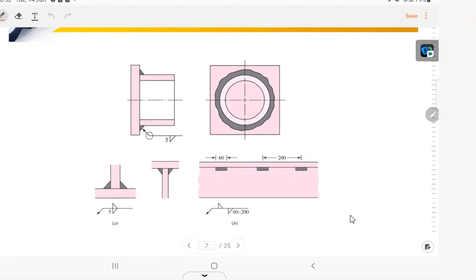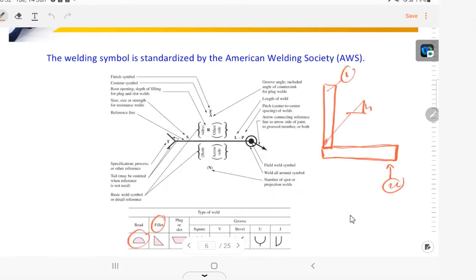So when the fabricator sees your assembly drawing, they will recognize these two parts will be joined by welding method, and the H is equal to 5 mm.